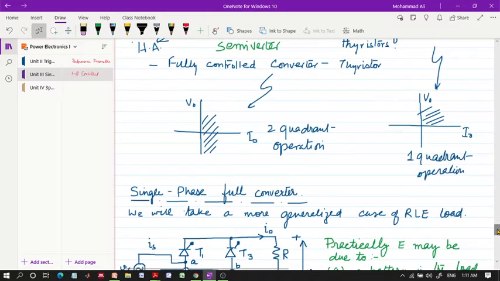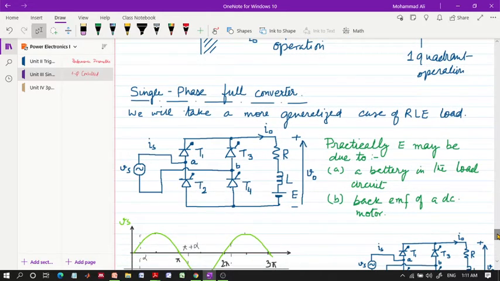Now see over here, we are having this circuit in which we are having a source, an AC source, whose magnitude can be written in terms of RMS values, and these are the four thyristors connected in bridge connection, and this is the load, basically RLE load.